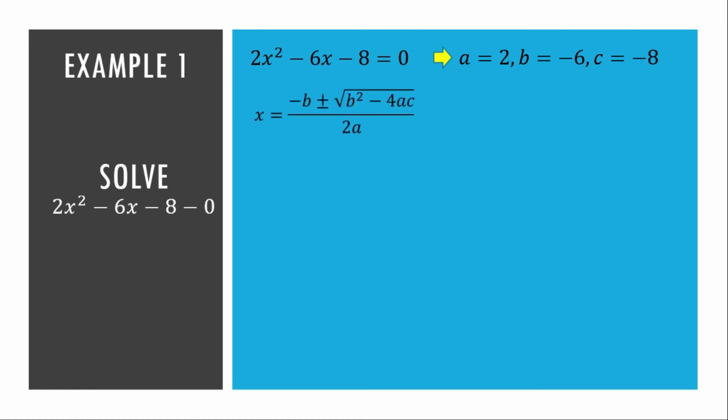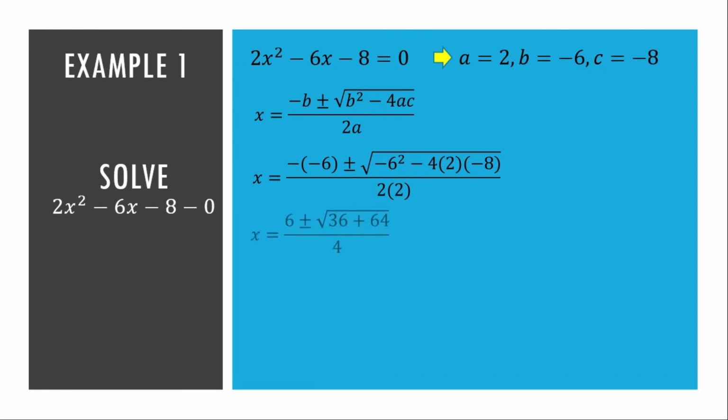So, by using our quadratic formula, which is x is equal to negative b, positive negative square root of b squared minus 4ac over 2a, substitute lang natin si a, si b, at si c. So, it will become negative times negative 6, positive negative square root of negative 6 squared minus 4 times 2 times negative 8, over 2 times 2.